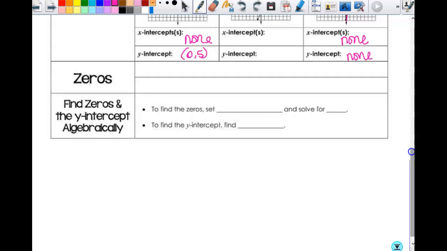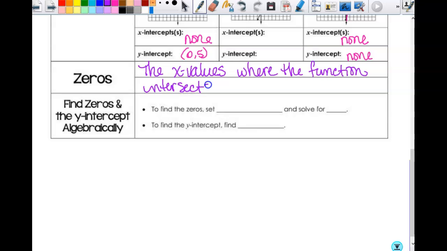So now let's talk zeros. Zeros are the x values where the function intersects the x-axis.